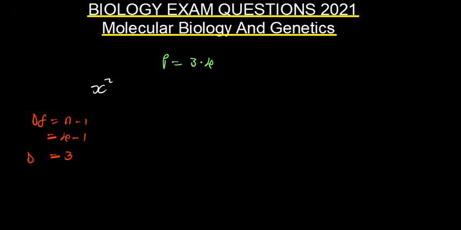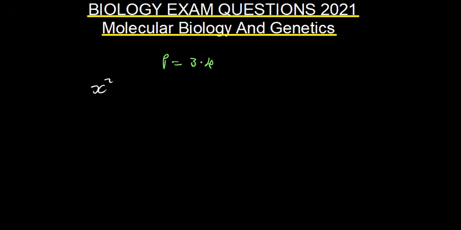Most of the time when you're dealing with a dihybrid cross, your degree of freedom is going to be 3. Then with 3 as your degree of freedom at 0.05, you pick your figure. That's your p-value.